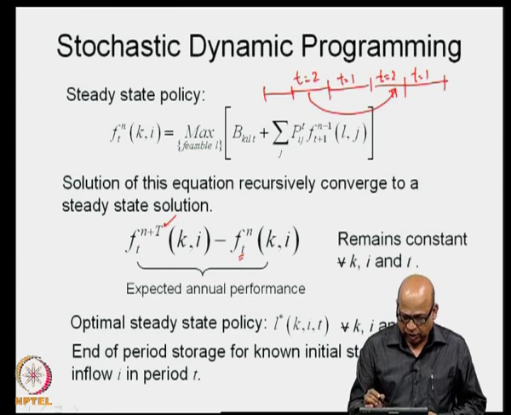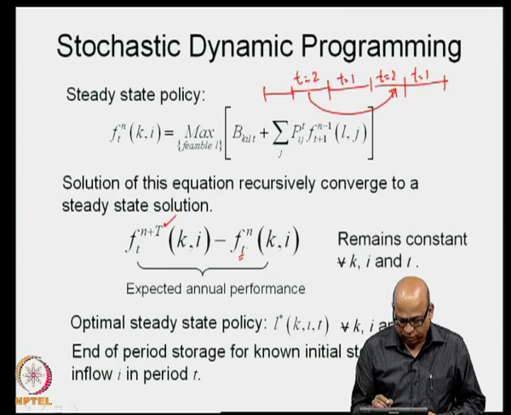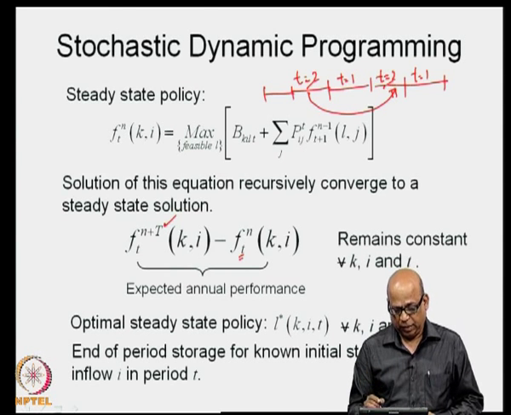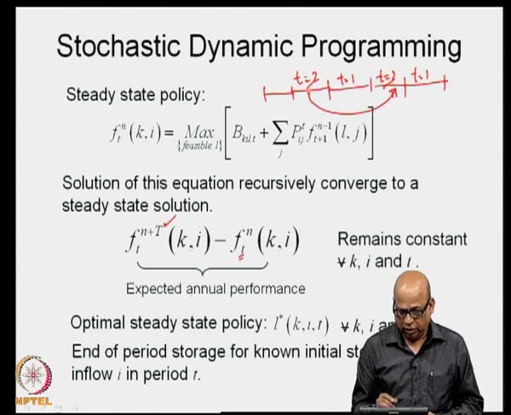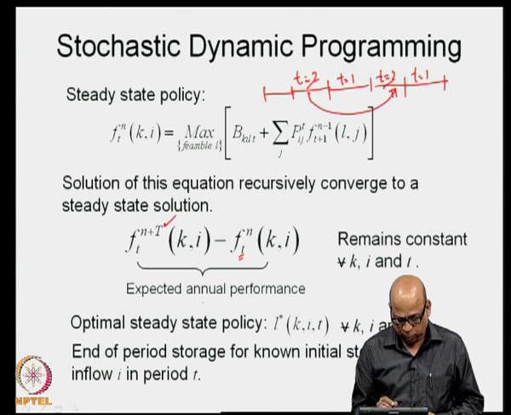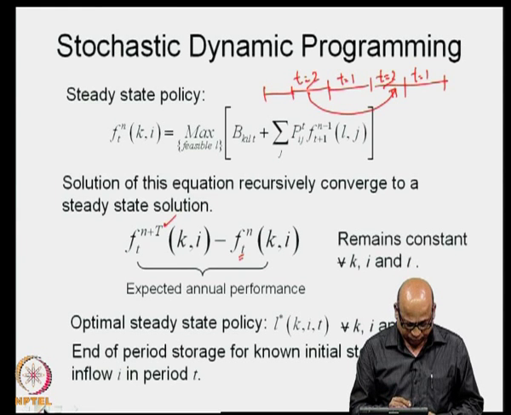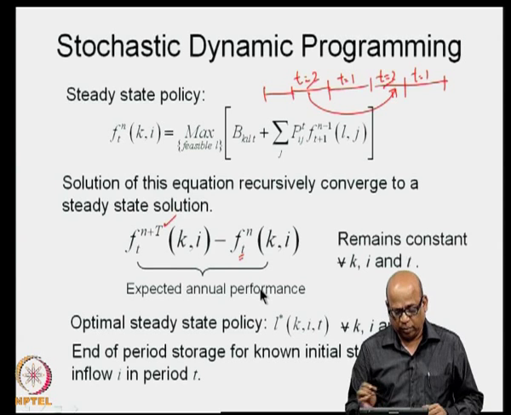So, this difference here, f_t^(n+T) minus f_t^n, will provide the expected annual system performance. Why annual? If you are looking at 2 time periods, the difference in the system performance between this stage and this stage will give you the system performance measure for that particular year for a given t. So, this indicates the expected annual system performance measure, expected annual system performance.